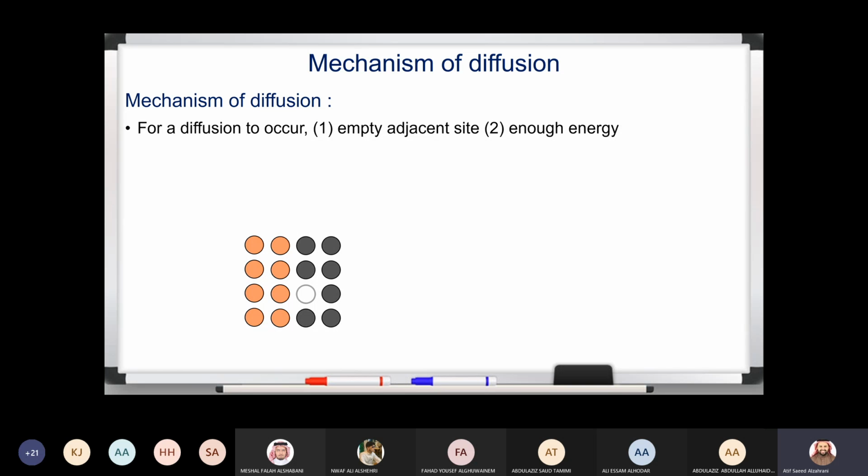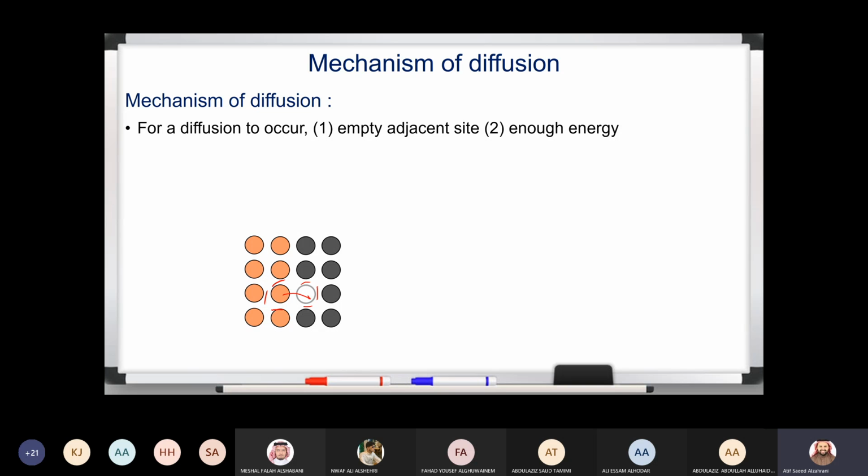First, there has to be some empty adjacent site, meaning there is a space where the atom can move to, okay? So empty adjacent site, this is the first rule. And the second rule, the atom has to have enough energy to break the bond here, and energy enough to form new bonds here. So these are the two rules, and it makes sense.